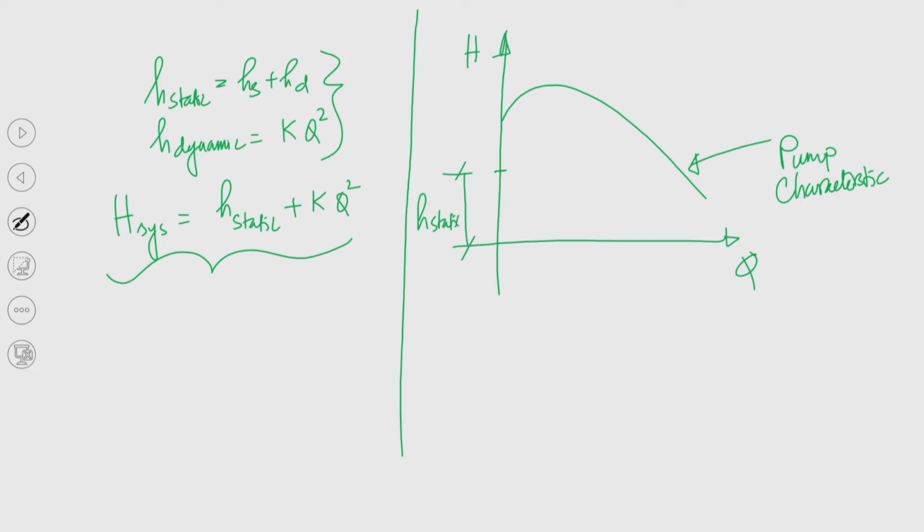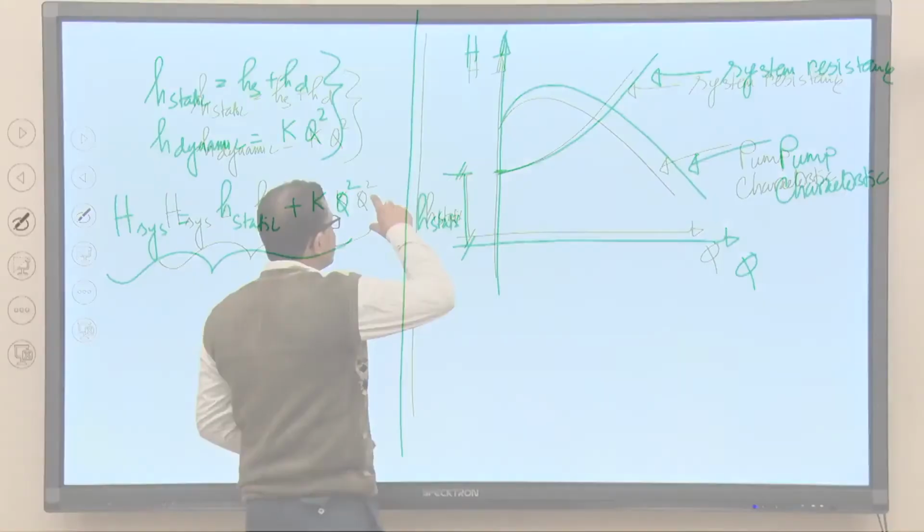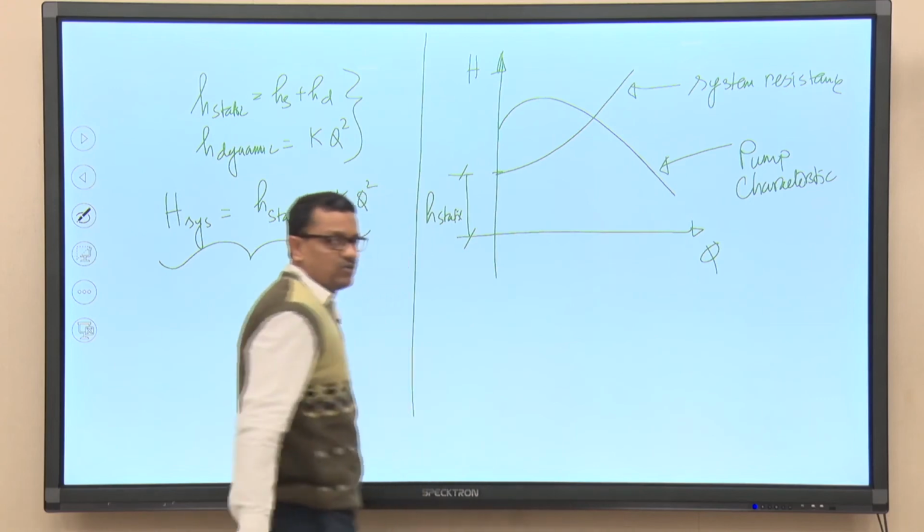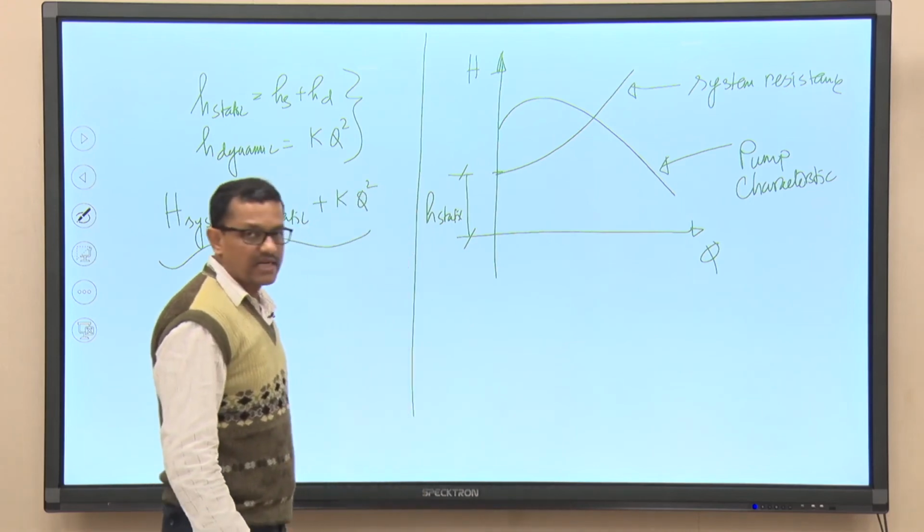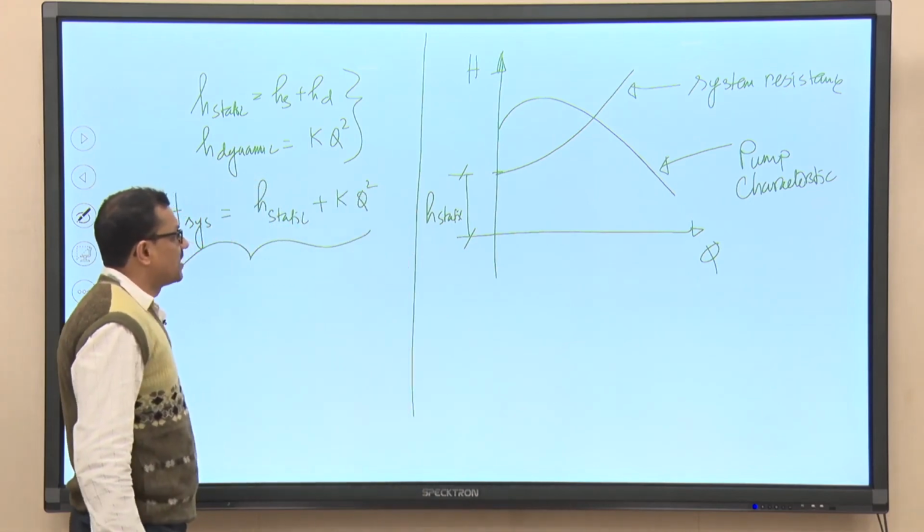So, this is the system resistance curve, H system. If I shift this ordinate from 0 to H static, which is always static, plus this dynamic part will vary with Q like this, K into Q square, okay. That is the equation of a parabola.